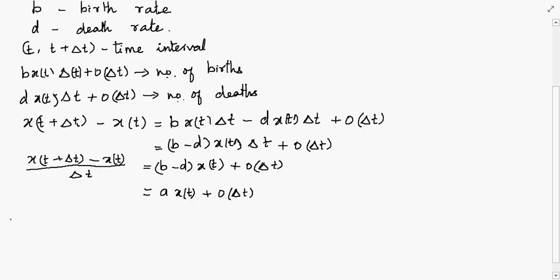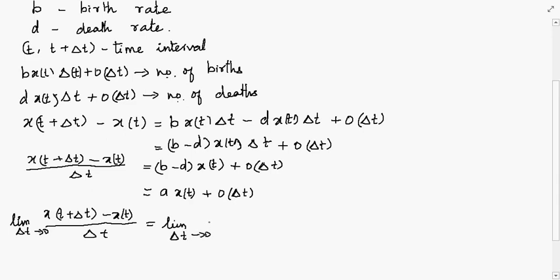Now we'll take the limit as delta t tends to 0 on both sides. Therefore limit delta t tends to 0 of x of t plus delta t minus x of t by delta t equal to limit delta t tends to 0 of a x of t plus order of delta t.